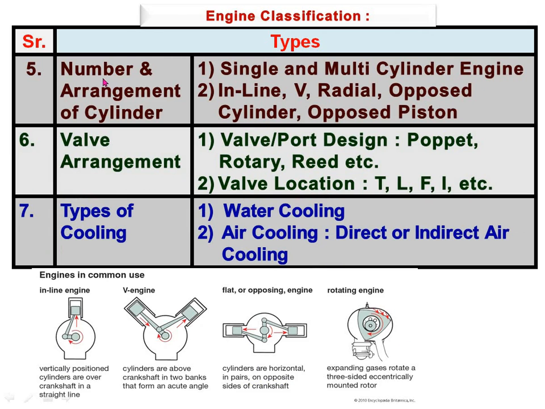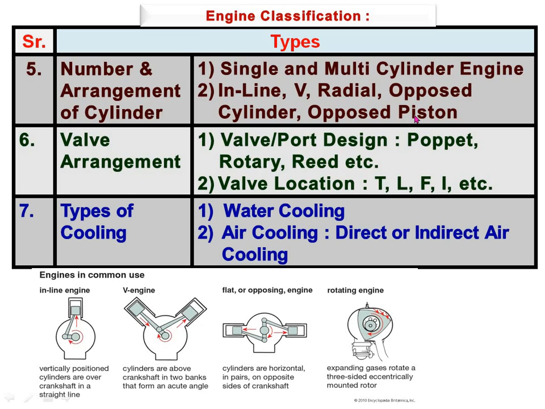Now, according to the number and arrangement of cylinders, means how many cylinders are there and how the cylinders are arranged. According to numbers, we can say single cylinder or multi-cylinder engine. And according to the arrangement of the cylinder, it may be inline, V-type, radial, opposed cylinder, opposed piston.